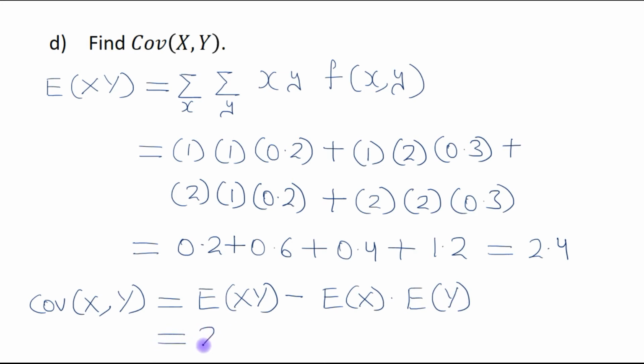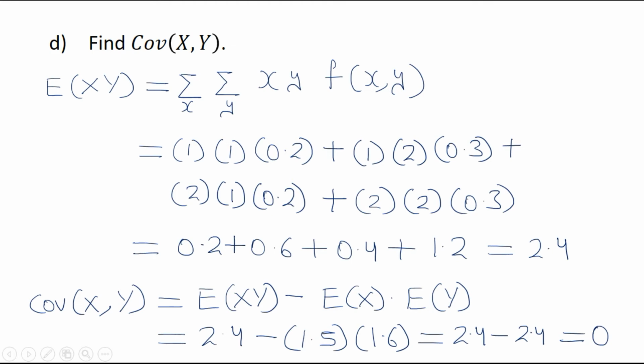It is 2.4 minus expected value of x was 1.5 and expected value of y is 1.6. It is equal to 2.4 minus 2.4, which is equals to 0. Okay.